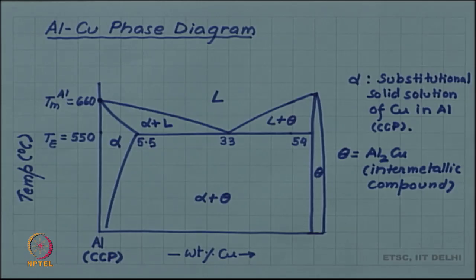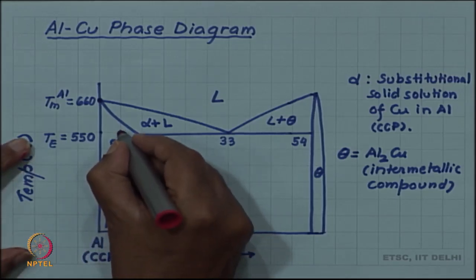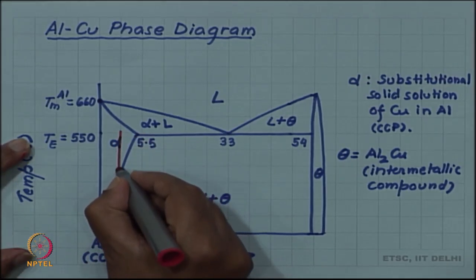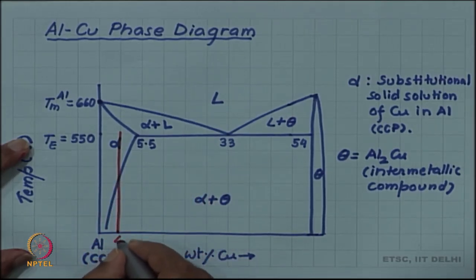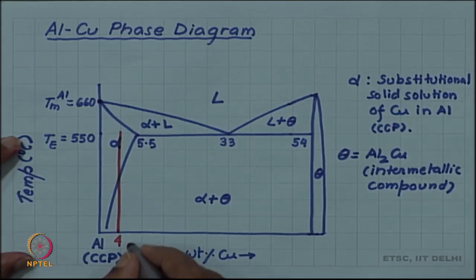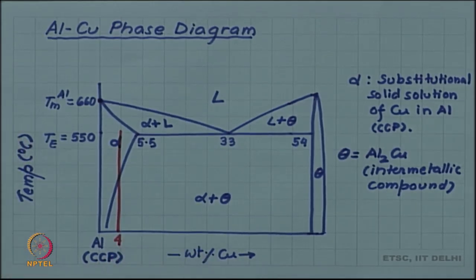Now, let us look at Wilm's alloy in this, that was 4%. Let us say this vertical line represents 4 weight percent copper. So, this is Wilm's alloy.